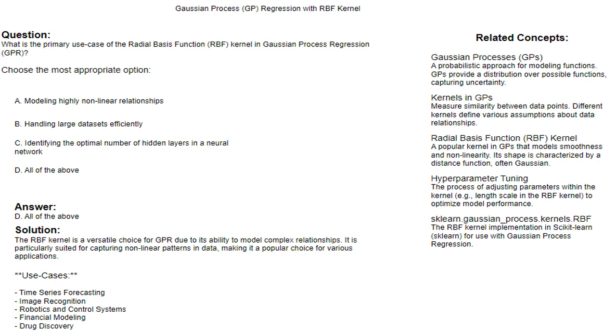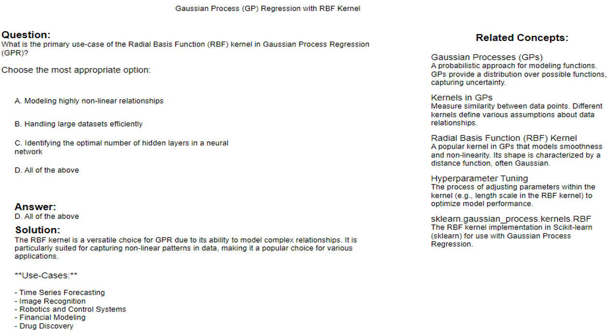Imagine you have a set of data points representing the height of a plant over time. A GP would not just give you a single line as a prediction but a distribution of possible lines, reflecting the uncertainty in the growth pattern. This uncertainty is captured by the variance of the distribution.